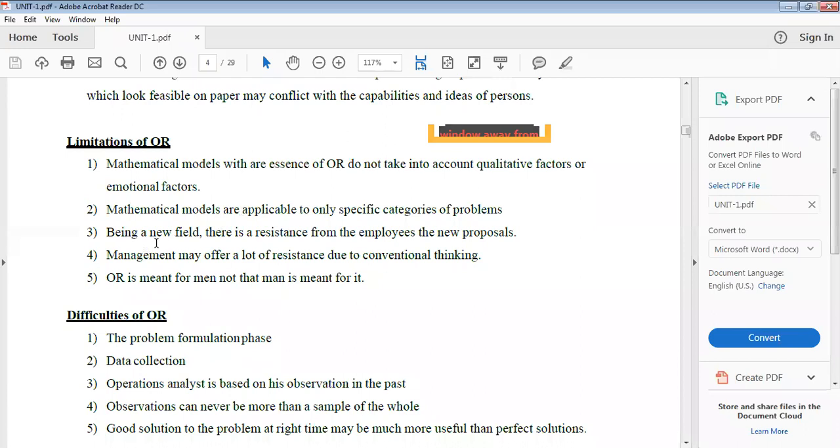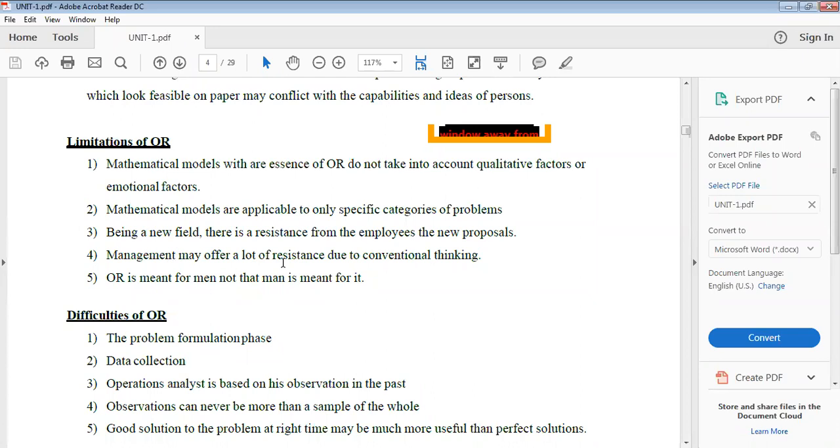Next, being a new field, there is resistance from the employees, the new personnel. If we are going to implement the OR decisions, some persons may resist, so it will take some time to adjust.